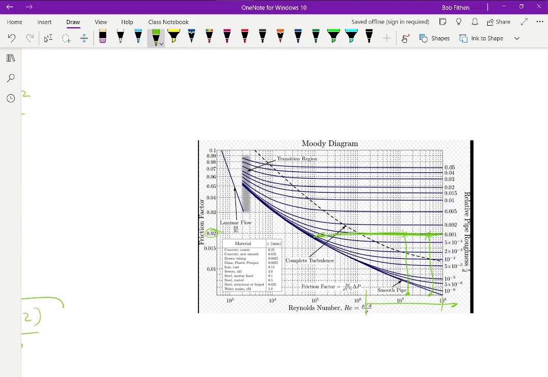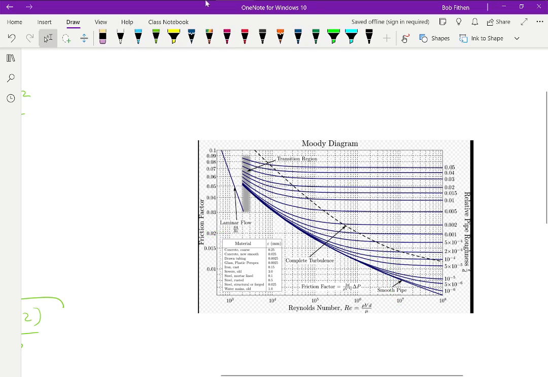In other words, what you'll notice in this region, F is only a function of E over D, only in this region. So that being the case, that's going to be my first guess for this.